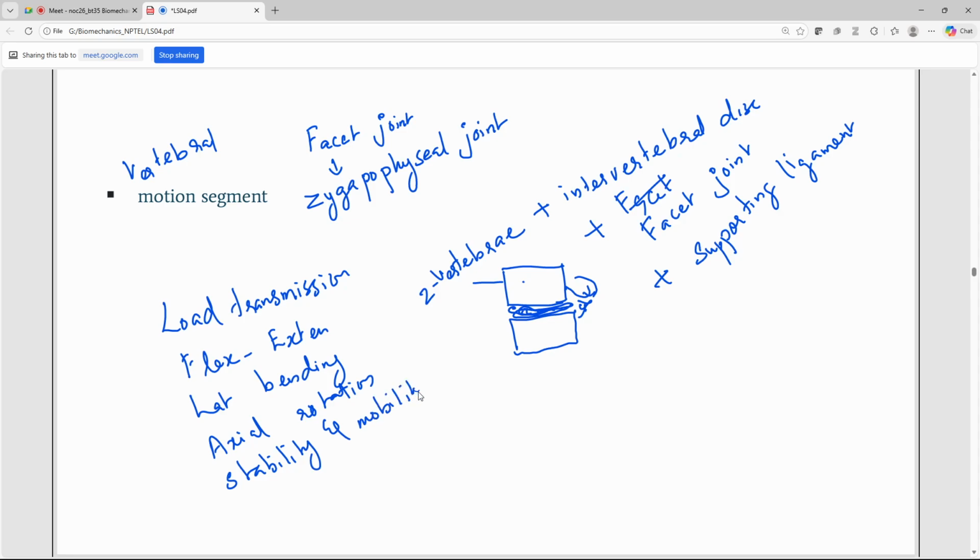So this single functional unit gives a set of functions at the same time. That's why it's known as the functional spinal unit or vertebral motion segment.